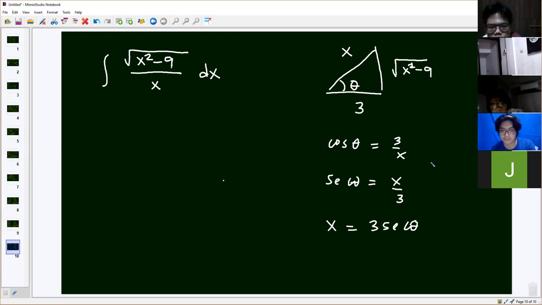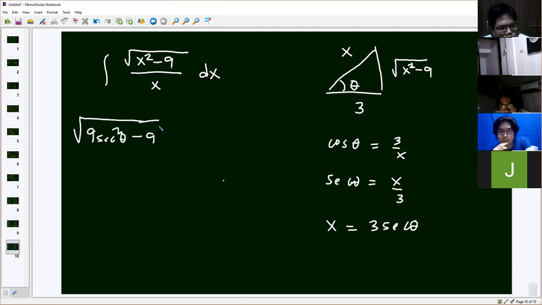Tapos mababago ngayon yung setup na to. So if x is 3 secant theta, ang mangyayari, ayusin na natin yung taas, yung square root. So the square root of x squared minus 9 would be 9 secant squared theta minus 9. Right?